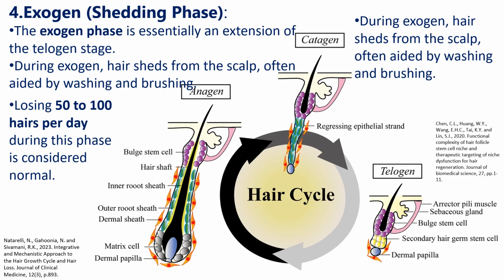So although the hair's shed, the follicle's not entirely dormant, and the surrounding dermal cells will continue to prepare the follicle for the next growth phase. We have to think that this phase is essentially very short, lasting only a few days to a few weeks.